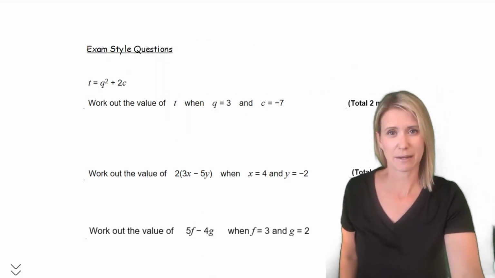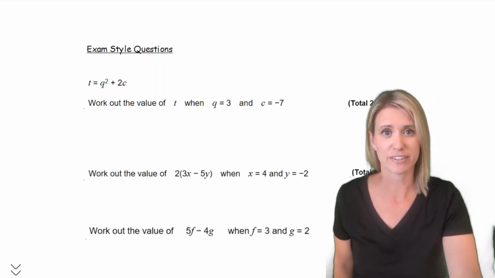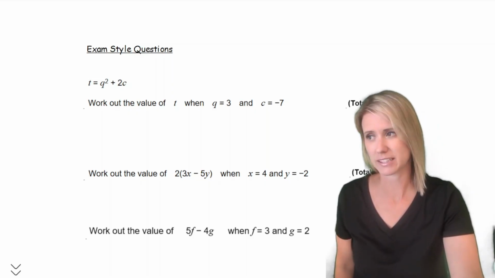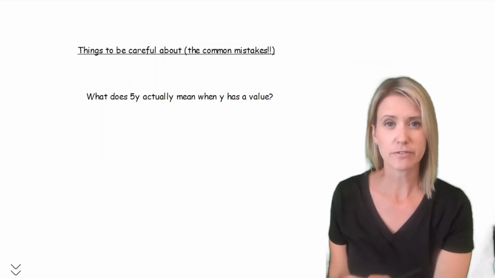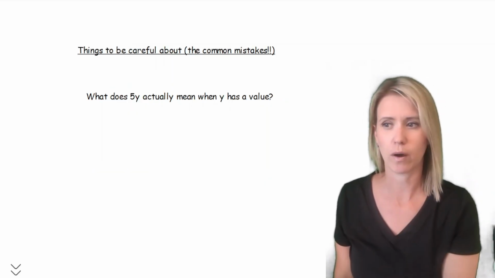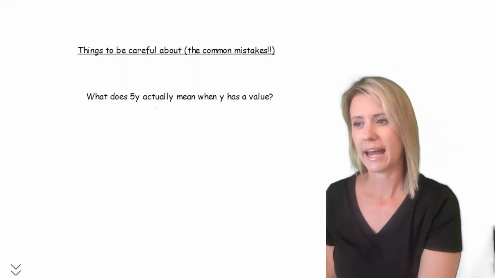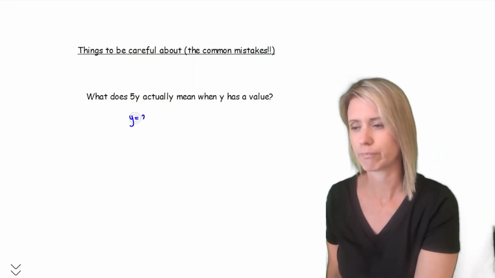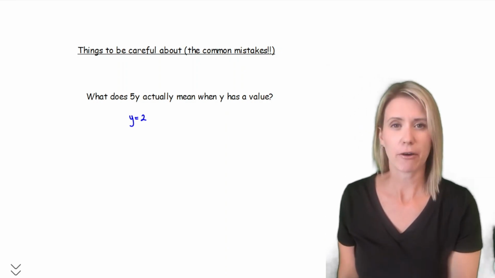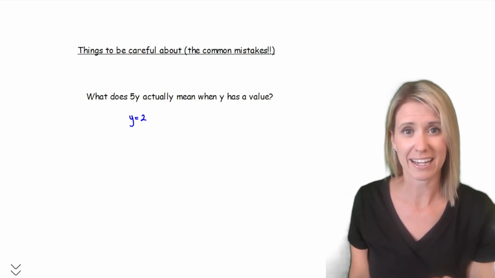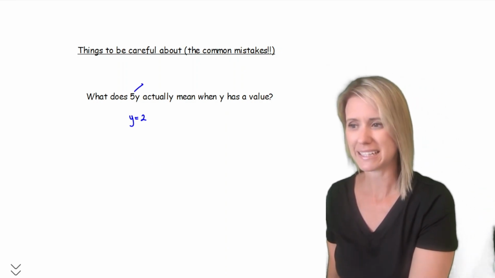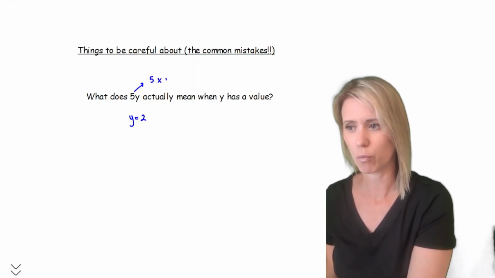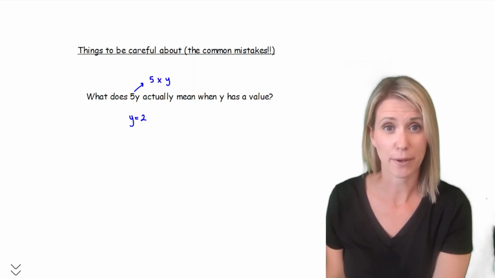Before I cover the exam questions, I would just like to go over some really common mistakes where students lose marks. First of all, if you're told something is 5y, and you're told that y has a value, for example, of 2. Let's think about what 5y actually means. 5y means 5 lots of y, 5 multiplied by y.